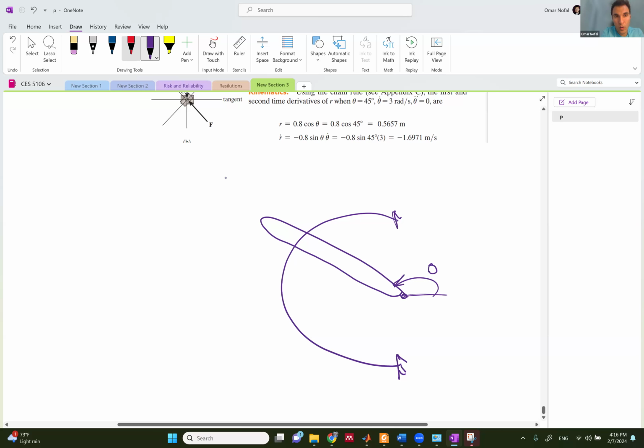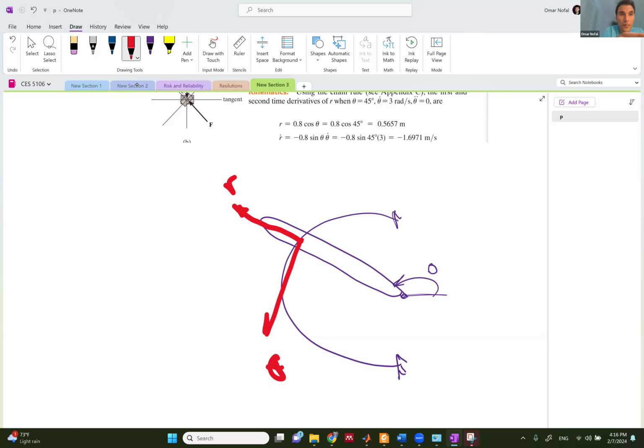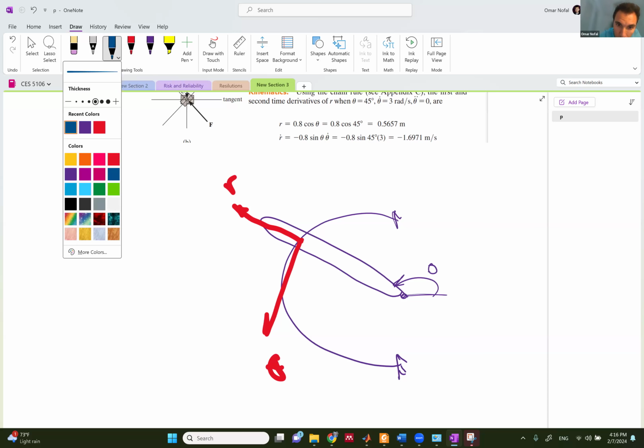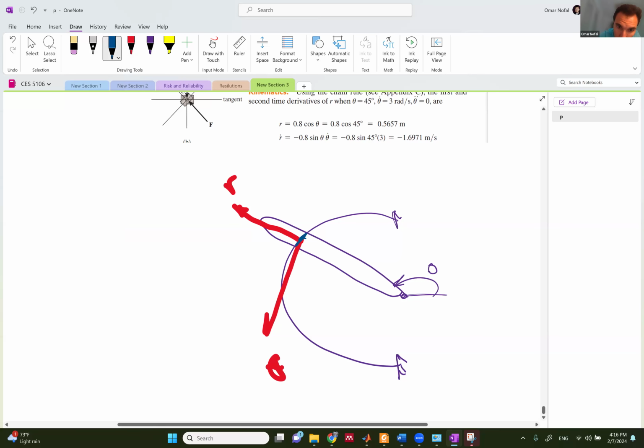So if you want to put tangent and normal, let's put the R vector reversed. So this is R, and this is theta. And the tangent, normal, okay, so this is the tangent. Look at the normal. The normal is like this.